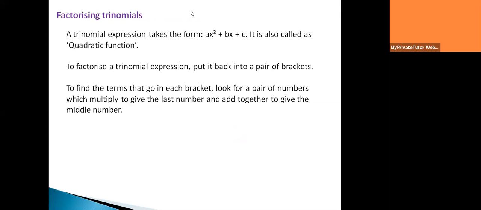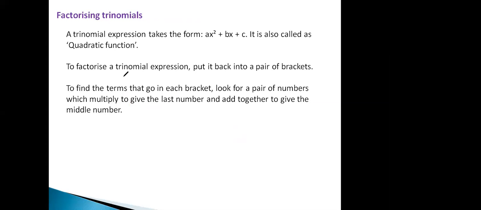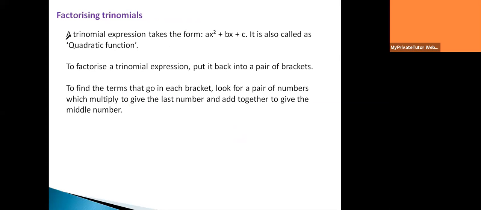What do you mean by a trinomial? A trinomial has 3 terms, but instead of saying trinomial, we can say the quadratic function. I hope you guys know how the quadratic function looks.